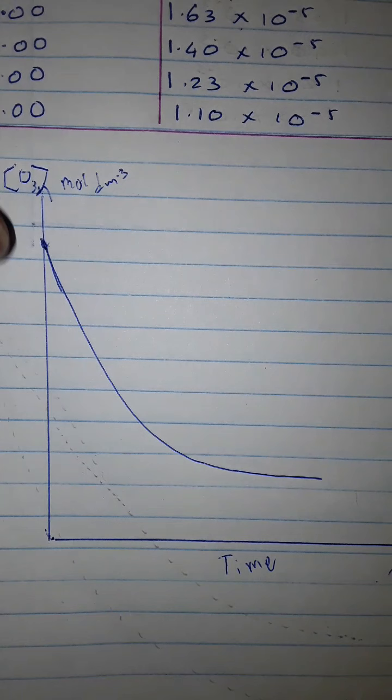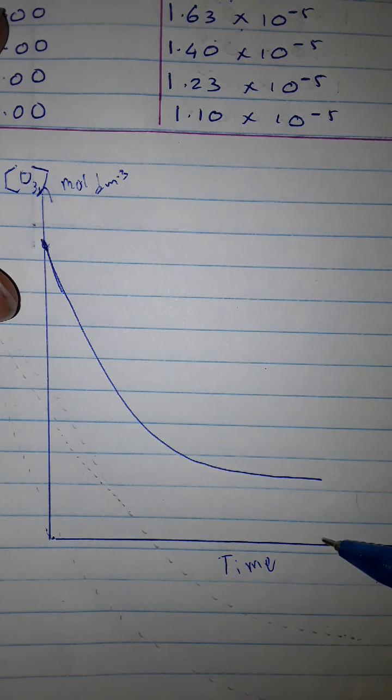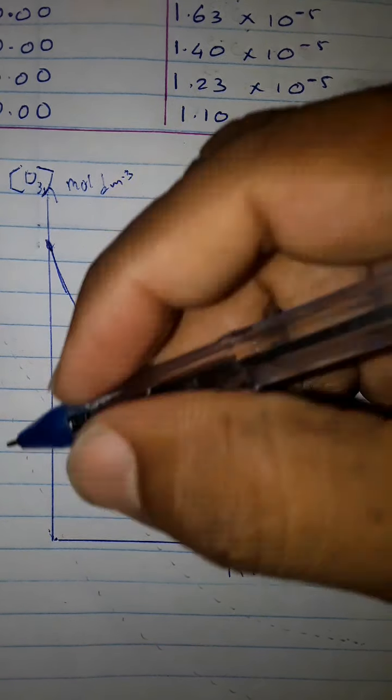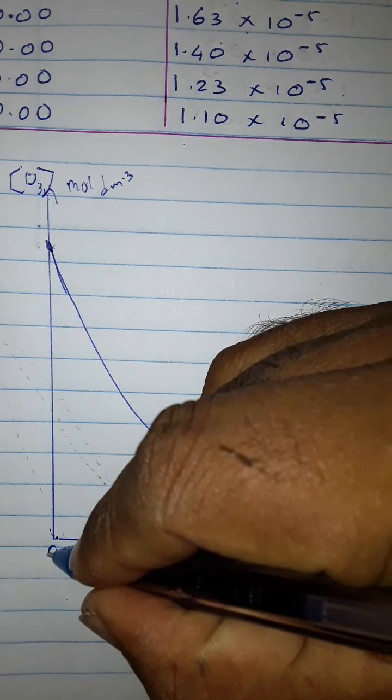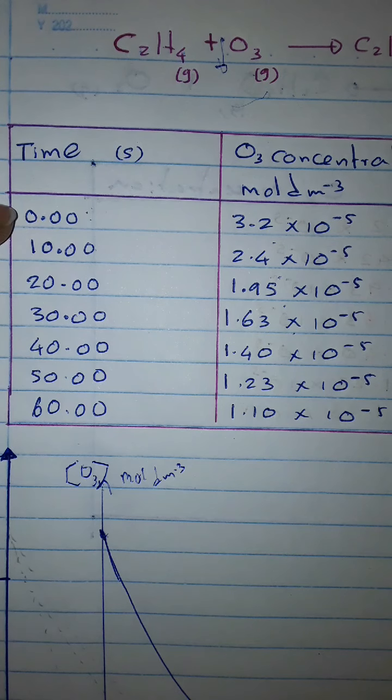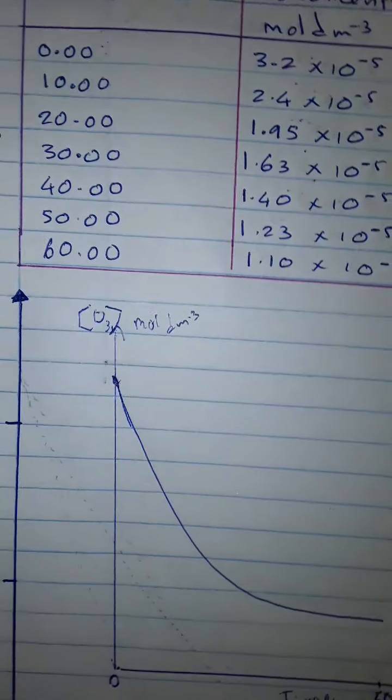This is time, this is 60 seconds, and this is 0 time. When the time is 0, the concentration is 3.2.